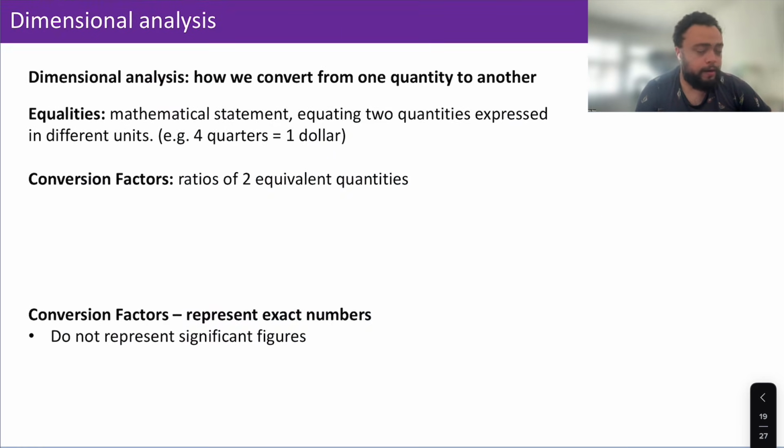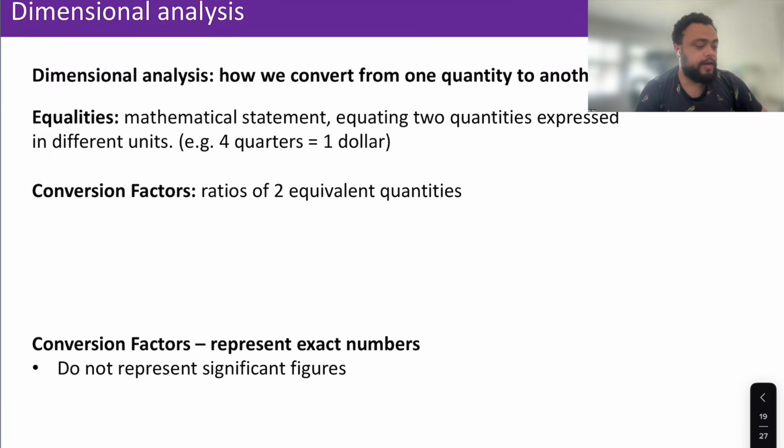Okay, so in order to use all of these things together, we're going to use dimensional analysis. Dimensional analysis is what we do to convert one quantity to another. We're going to take one thing and convert it to another.